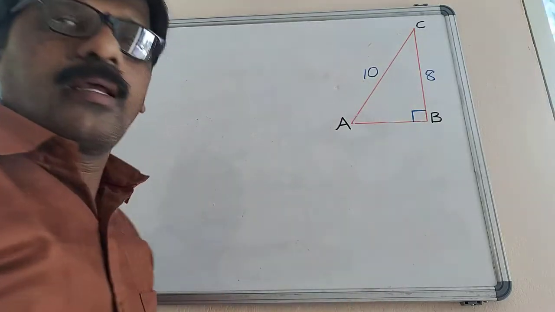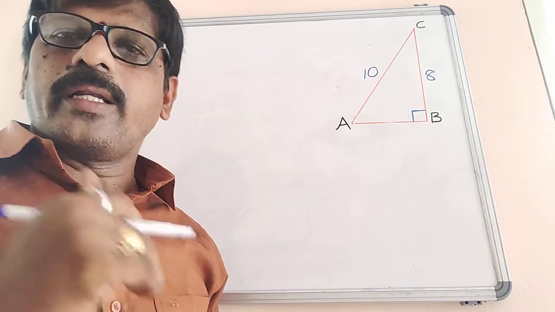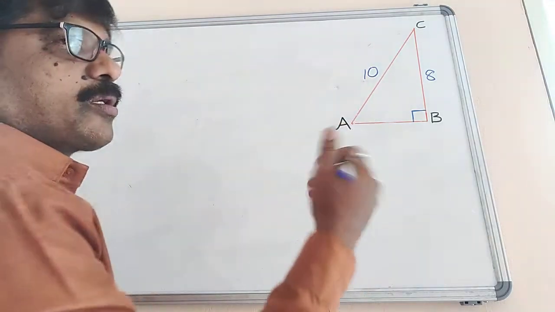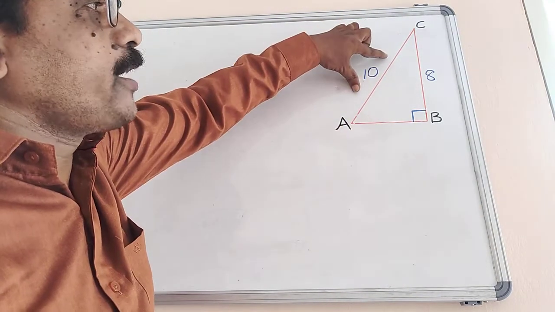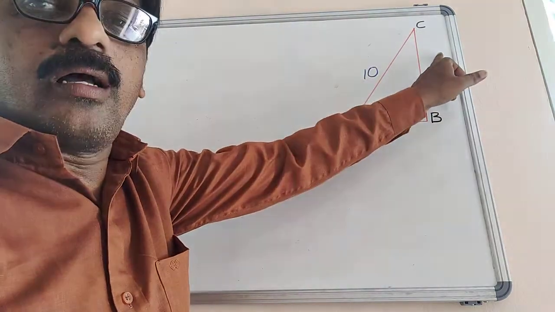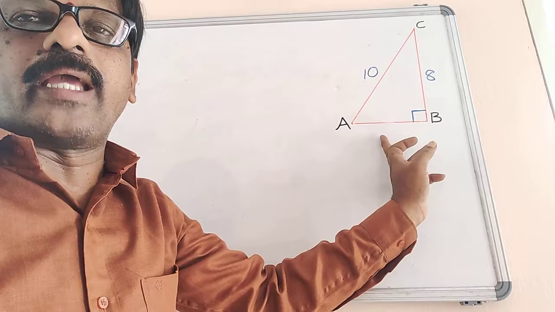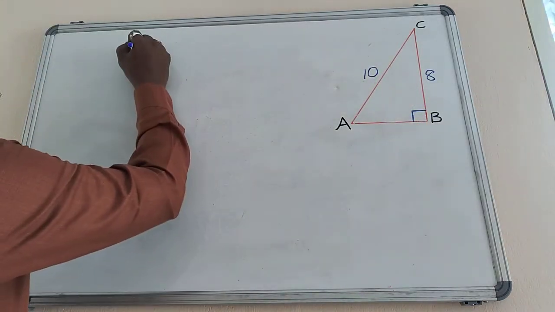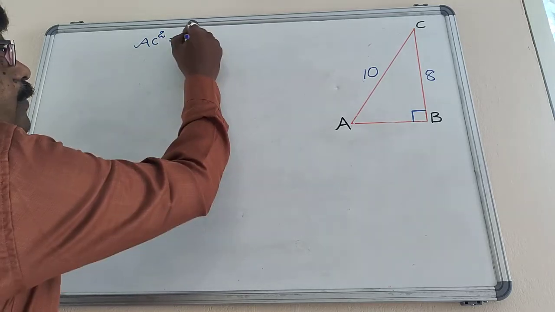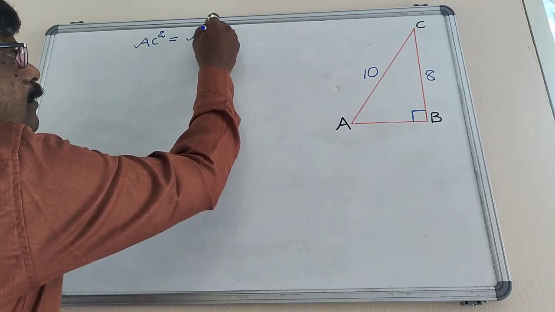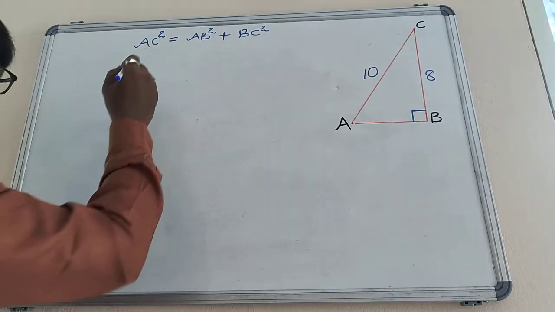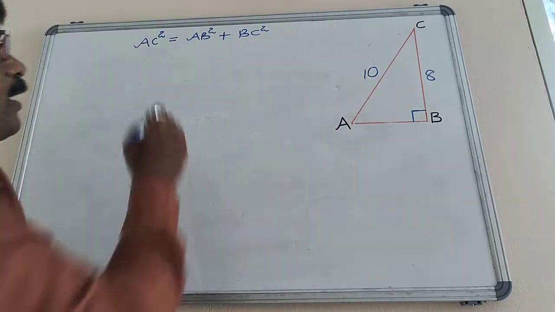Now we have to find AB. According to Pythagorean theorem, what is the Pythagorean theorem? Hypotenuse square equals the sum of the squares of other two sides. That means AC square equals AB square plus BC square.